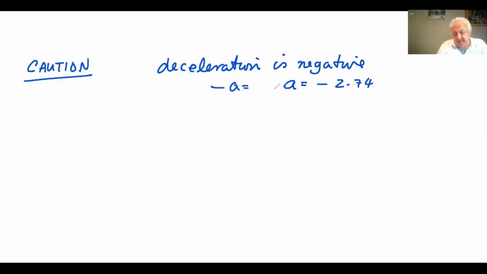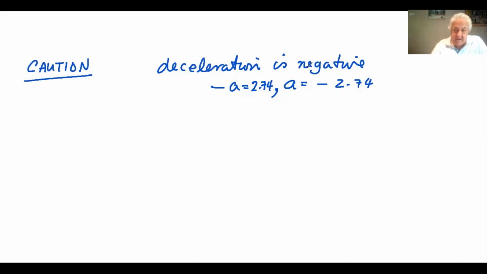You can either attach the minus sign to the number or to the symbol. Either way, a negative acceleration, it is said, is a deceleration. This is not always true, so this statement is not accurate. Sometimes this is correct, sometimes it is not.